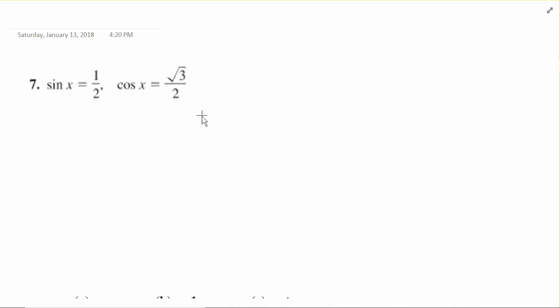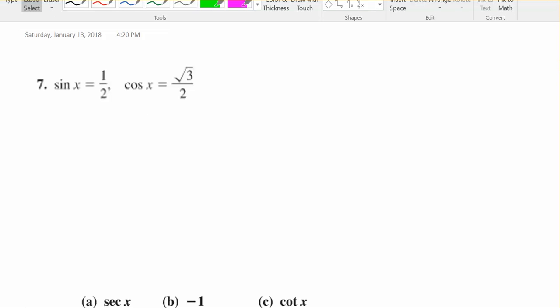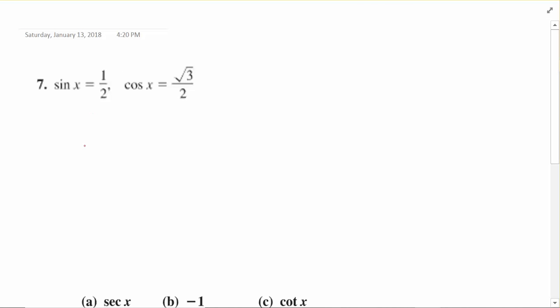I want to think of a trigonometric identity that lets me use the sine and the cosine to find the other 4 trigonometric functions. The first one that occurs to me is maybe I should use the fact that the tangent is equal to the sine over the cosine.